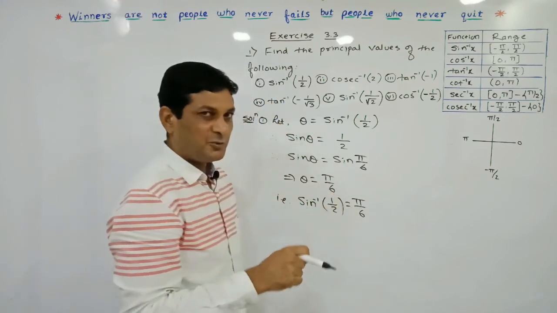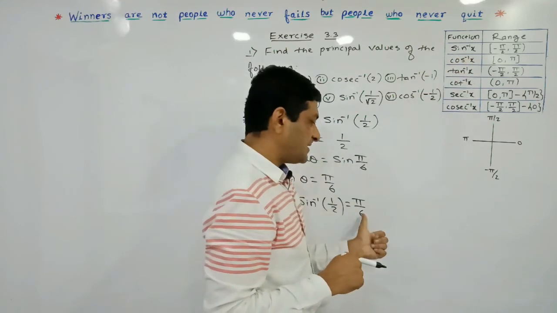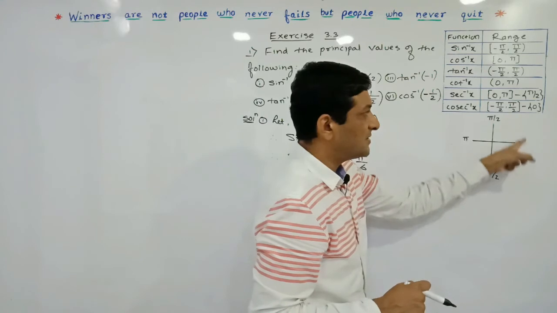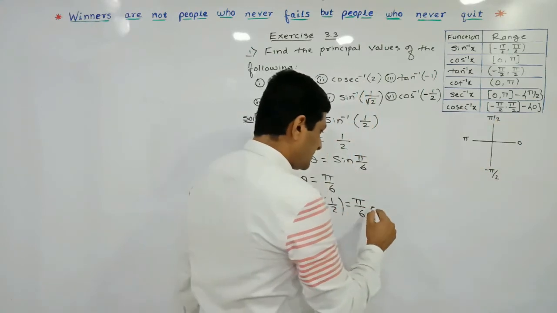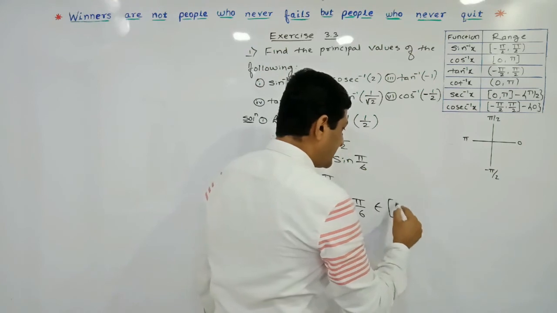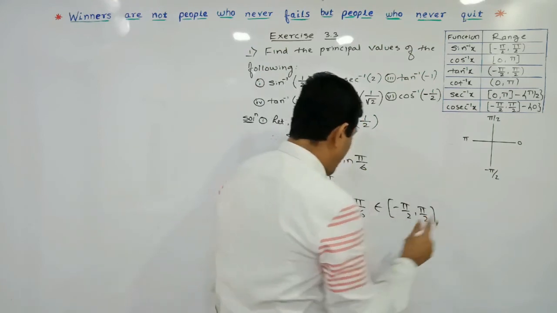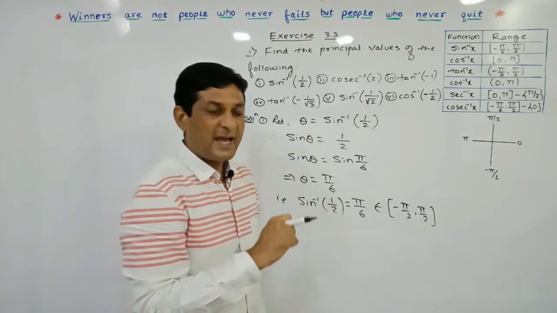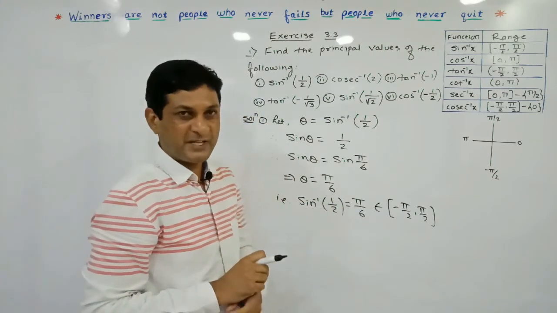Now check whether this value lies in the range or not. Yes, pi by 6 lies between minus 90 and plus 90 degrees, in the first quadrant, so it belongs to minus pi by 2 to plus pi by 2. Since this value of sine inverse lies in the range of sine inverse, we can say that it is the principal value.